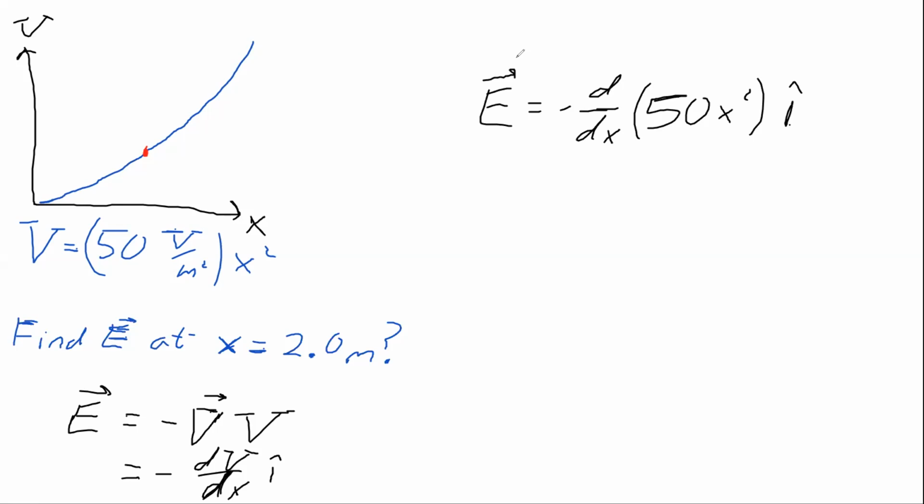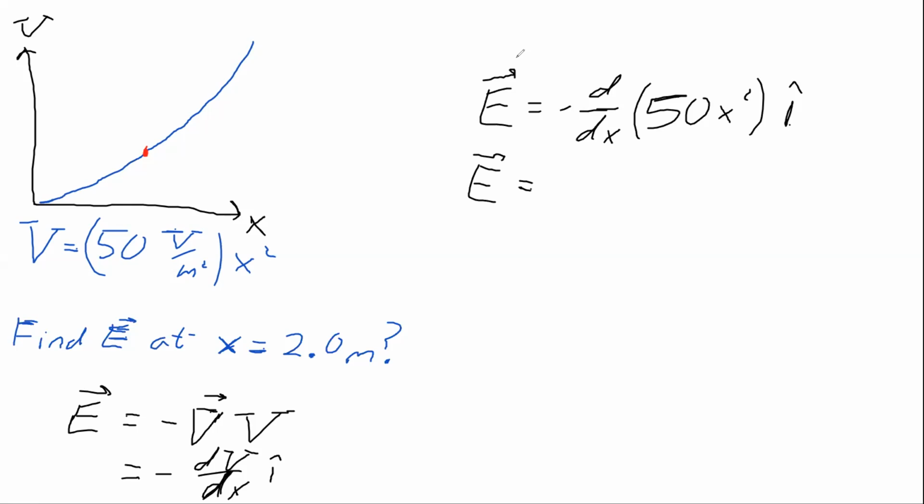Technically, I'm only finding the x component of electric field because I don't know how this voltage is changing in the y or z directions. But for the sake of this problem, I'm going to assume that there is no y or z direction, just x. Something like that would be like a parallel plate capacitor. Parallel plate capacitors will give us that kind of behavior.